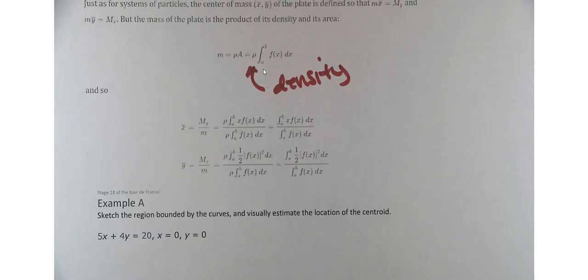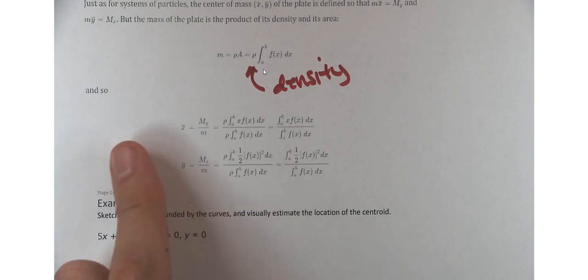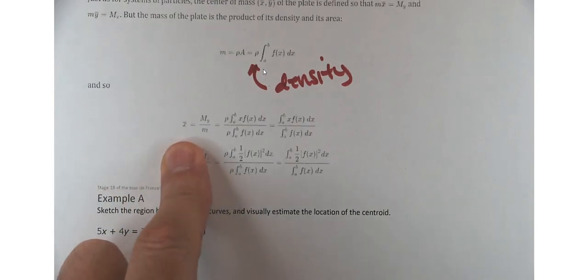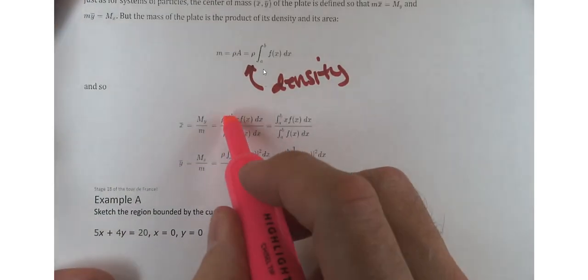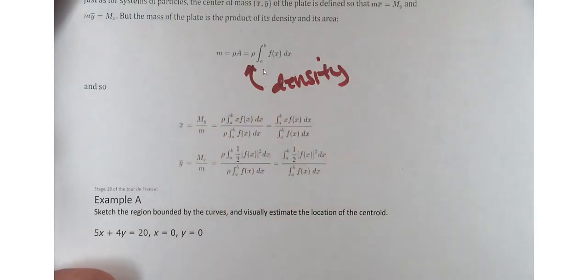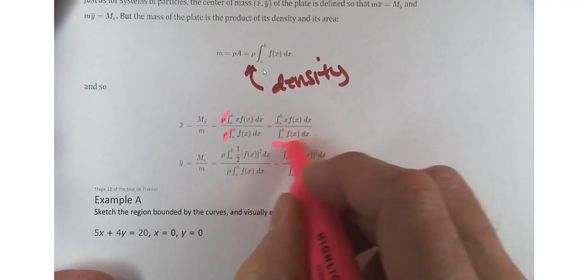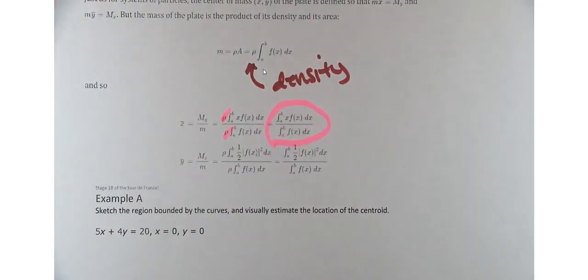That's true, but when you look at our formulas to find these coordinates for the center of mass, or excuse me, the centroid, what happens to the rho if it's here and here? Yeah, it's going to cancel itself out. It doesn't really matter what rho is for these types of problems, because it is going to cancel itself out. Same thing for your y bar.